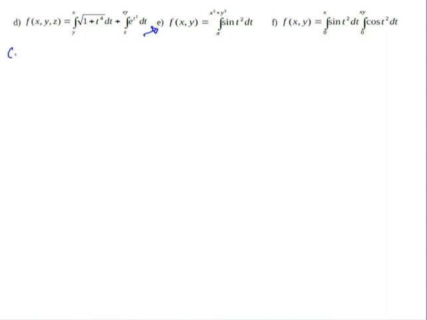Coming to e, the function in e is a function of several variables containing integrals. So to evaluate fx, we need to apply the fundamental theorem of calculus for functions of two variables. So what happens?